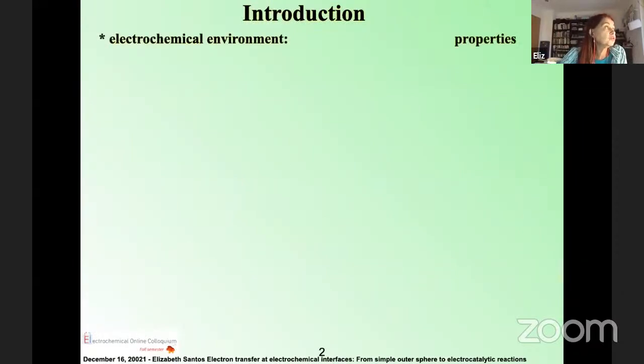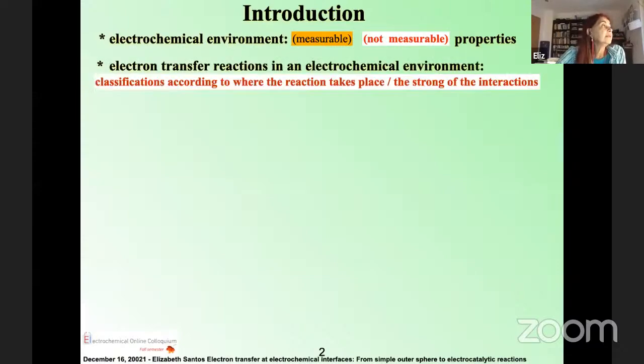First, I want to give some basic concepts of the electrochemical environment, especially about properties which are measurable and which are not. And then I will go to electron transfer reactions and show how we can classify them according to where the reaction takes place or the strength of the interaction between the reactant and the electron.